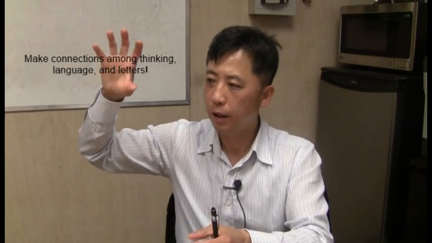Something you can use to connect their thinking in pictures with the written language, and then gradually connect it, at least as they are able to listen, with the language that you are using.